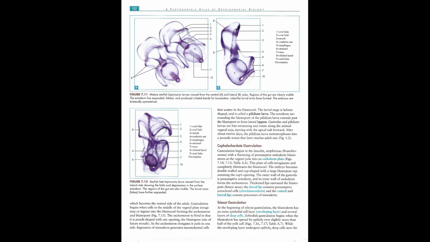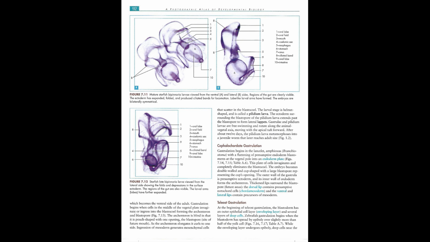The embryo becomes double-walled and cup-shaped with a large blastopore representing the cup's opening. The outer wall of the gastrula is presumptive ectoderm, and its inner wall of endoderm forms the archenteron. Thickened lips surround the blastopore, future anus. The dorsal lip contains presumptive notochord cells, chordomesoderm, and the ventral and lateral lips contain precursors of mesoderm.